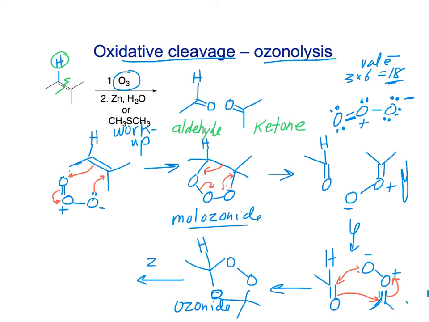So we can use either zinc and water or dimethyl sulfide, which is pretty smelly stuff. All right, so what we end up with then is we remove one oxygen and we end up with our two carbonyl groups. And the zinc or the sulfur, the dimethyl sulfide, pulls off the extra oxygen.